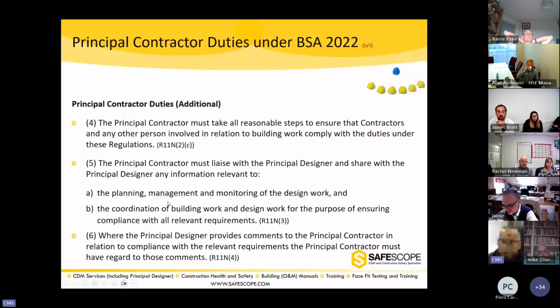And so almost you can say that a principal contractor will write a construction phase plan, but this one focused more on the Building Safety Act to say what arrangements they will put in place really to ensure the compliance with the Building Safety Act. And where the principal designer provides comments to principal contractor in relation to building regulation, they must give it regard.